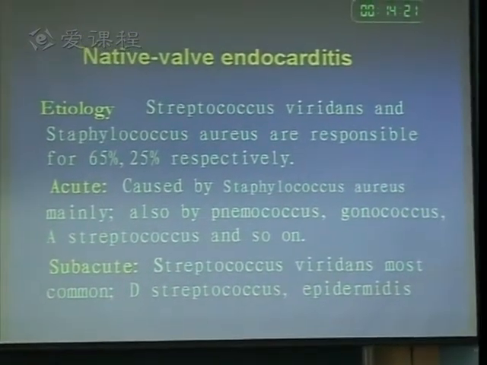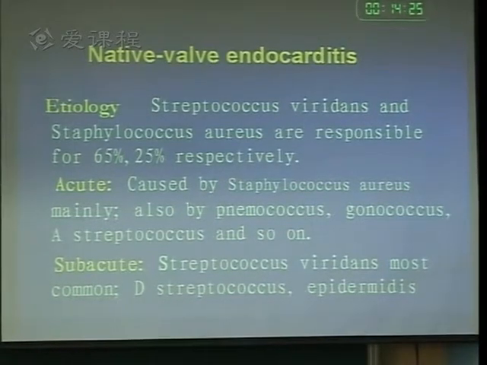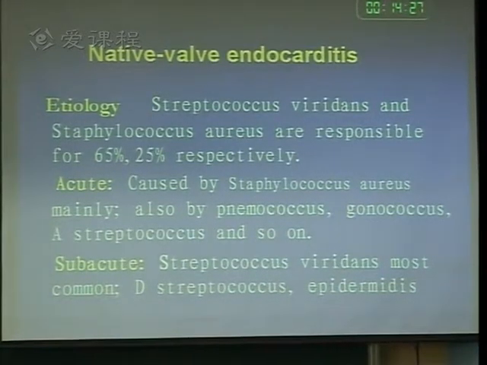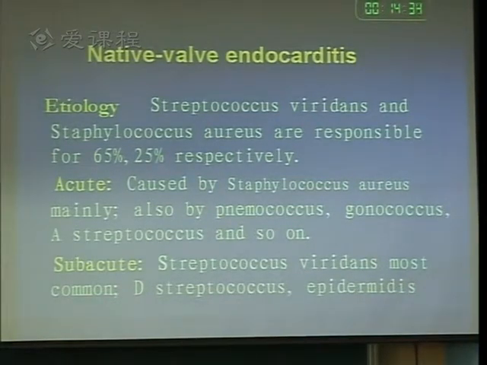The acute IE is caused by staphylococcus, also by the pneumococcus, the gonococcus, the streptococcus, and so on. But for the subacute IE, the most common microorganism is the streptococcus.